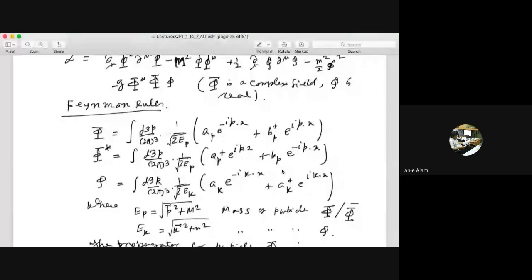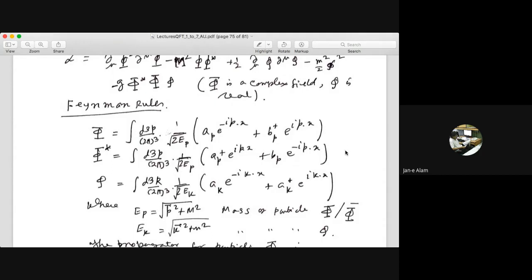Whenever you have a complex field, you will have a particle and its corresponding antiparticle. So this phi field will annihilate a particle, and b_p dagger will create an antiparticle. A_p dagger will create a particle, and b_p will annihilate the antiparticle. Though this is scalar and not fermion, so I should not apply this to electron and positron because they are fermions.